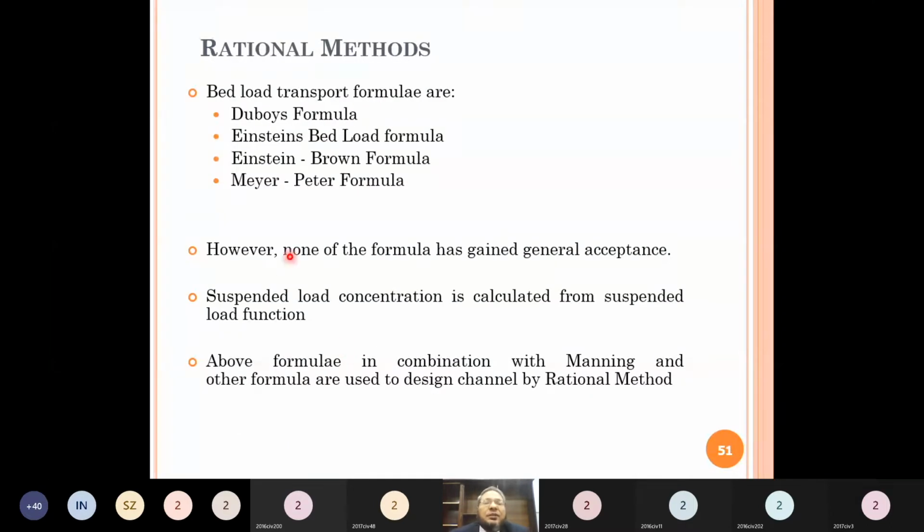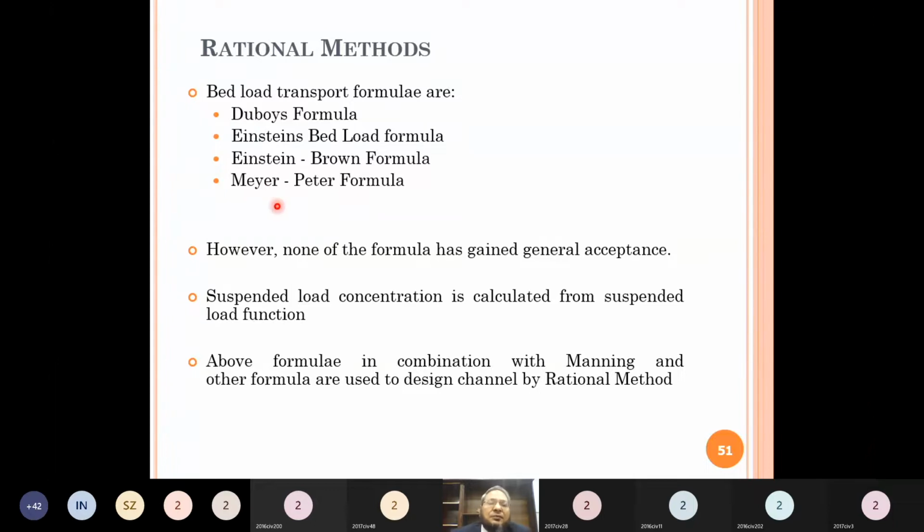Now we want to discuss what are bed load transport functions or formulae or equations. You know, there are many bed load transport equations, those equations by which we can compute bed load transport rate.